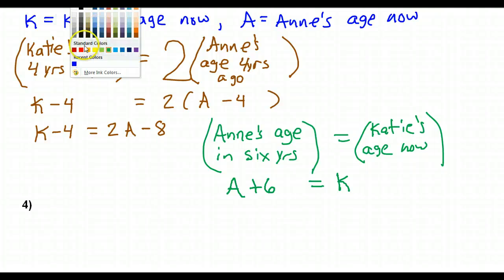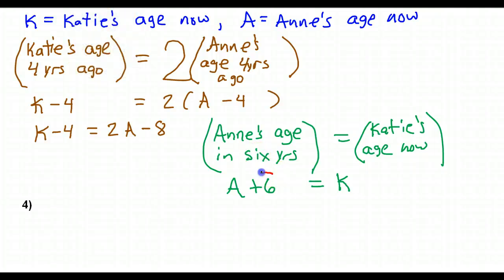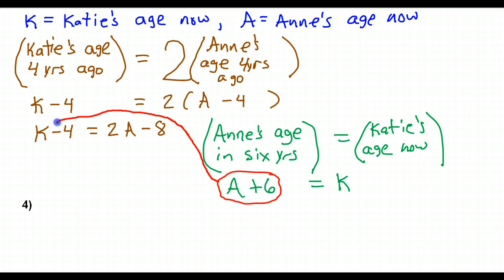I once again would do substitution. This K is already by itself, so it's ready for substitution. So I just need to take this stuff and substitute it for K right there.